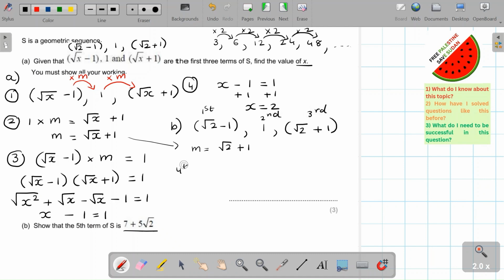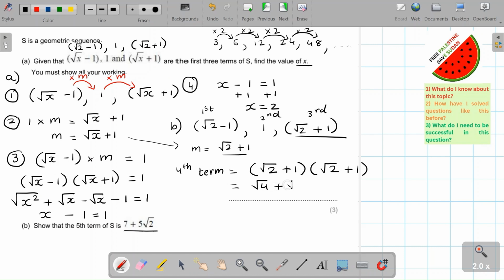So this is your first term, this is your second term, this is your third term. So to get the fourth one, I'm going to multiply my third term with the value of m. Coincidentally, both of them are the same. So root 2 plus 1 times root 2 plus 1. That gives me square root 4, root 2 times root 2.